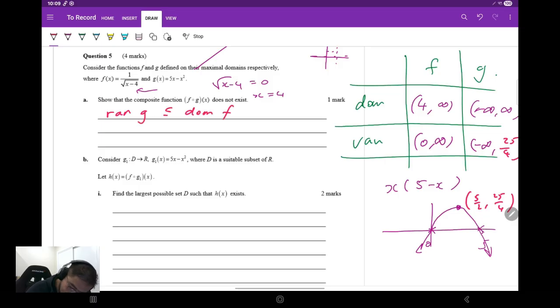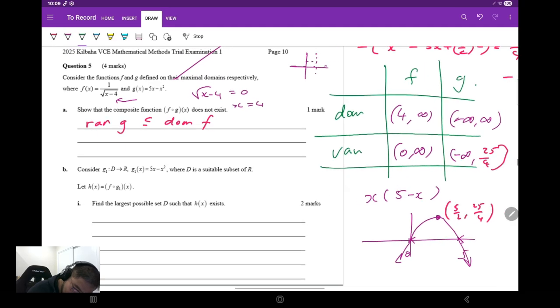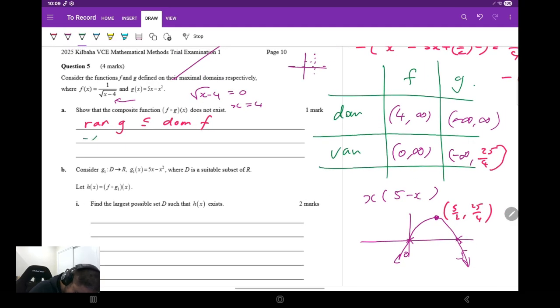The range of g is negative infinity to 25 on 4. Is that a subset of the domain of f, which is 4 to infinity? No, it's not a subset. Therefore, fog does not exist.